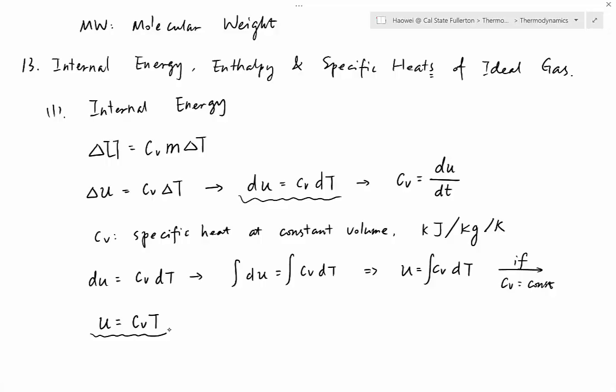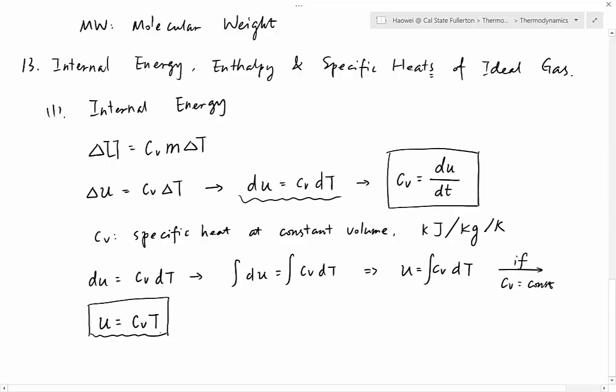Okay, so here we develop two important equations. First one is the definition of CV. Second one is if CV is constant, you can use this equation to calculate u. Here you have option 2 to look for internal energy. Instead of going to the tables, you can use this equation if you have an ideal gas.